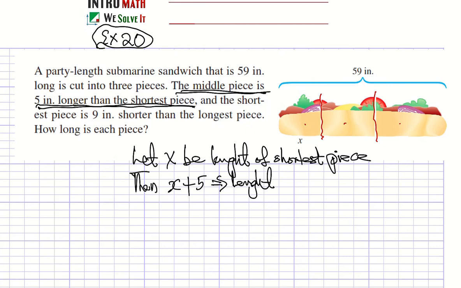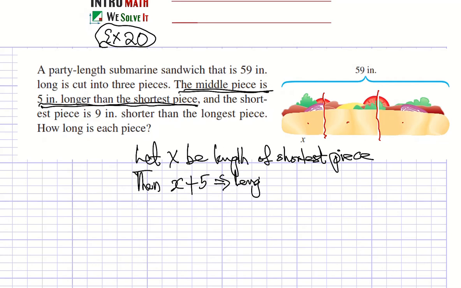That's wrong. Length is spelled like that. This is the length of the middle piece. This is the shortest, this is the middle piece. So this is x plus 5.